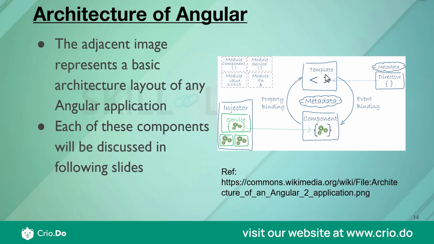So that is called a directive. Don't worry if you don't understand it, because we will be covering all these concepts in depth in the future. For now, just understand that a component has its own HTML and the logic, whereas the directive just has the logic for the manipulation of the HTML, but it does not have its own HTML. But it can be added to any HTML file.